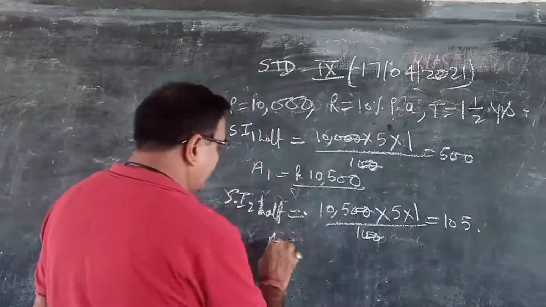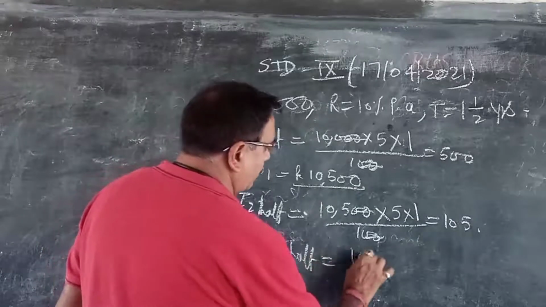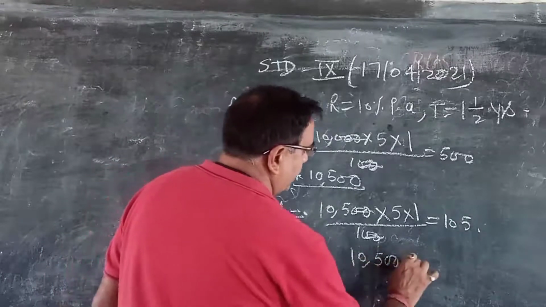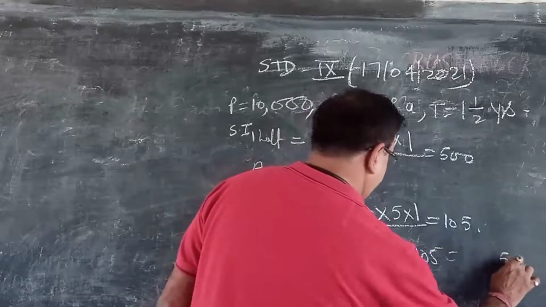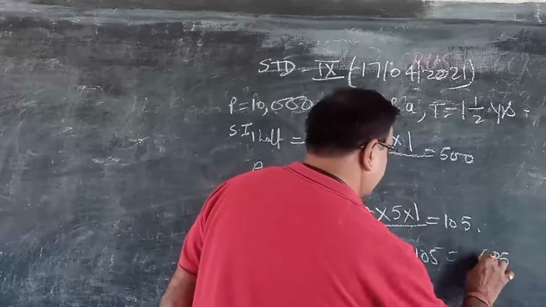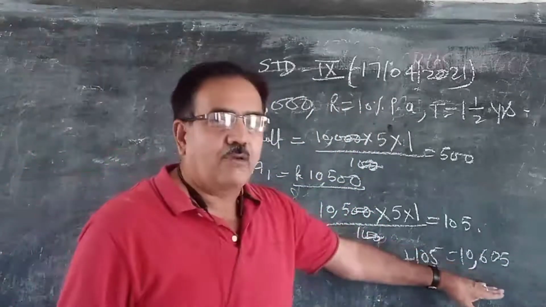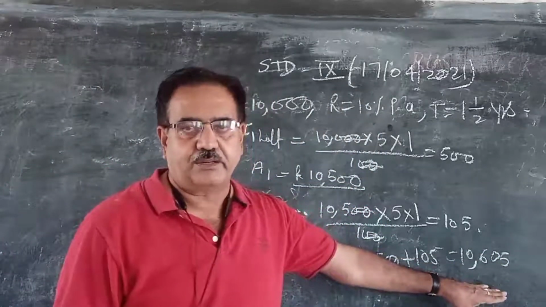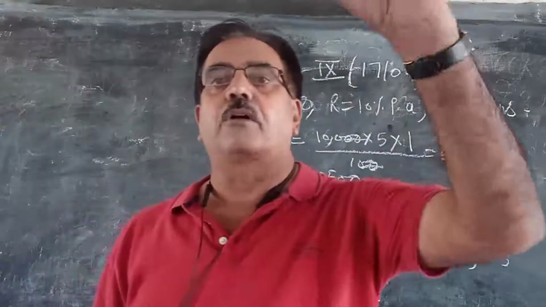So amount of the second half: 10,500 plus 105, that is 10,605. Now this is the amount of the second half. Now this second half amount becomes principal for the third half.